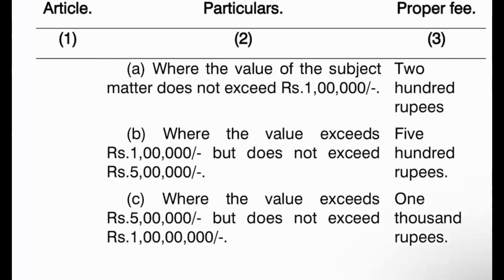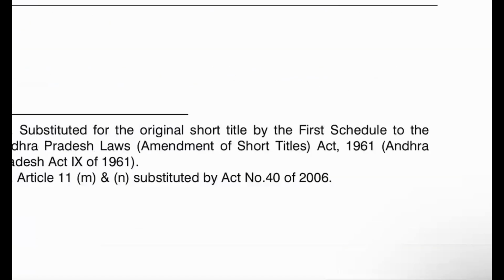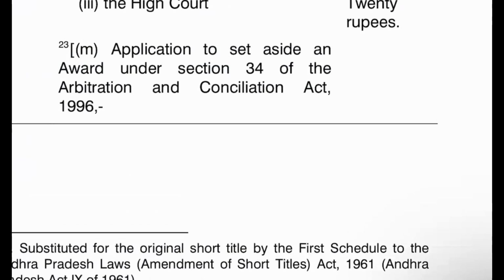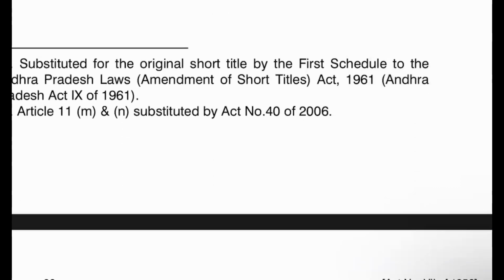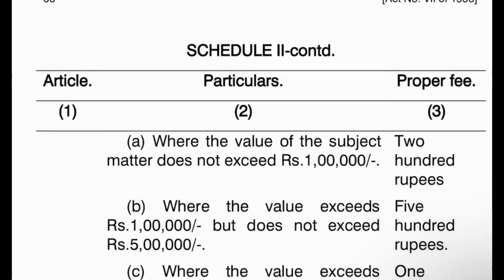Now, if you see here, let's take an application to set aside an award under Section 34 of the Arbitration and Conciliation Act. The arbitration tribunal has already given its judgment, its order. But whenever we approach the High Court, if the amount is less than 1 lakh, then we have to pay 200 rupees as court fee.